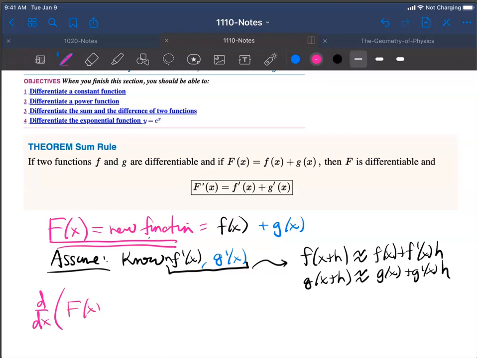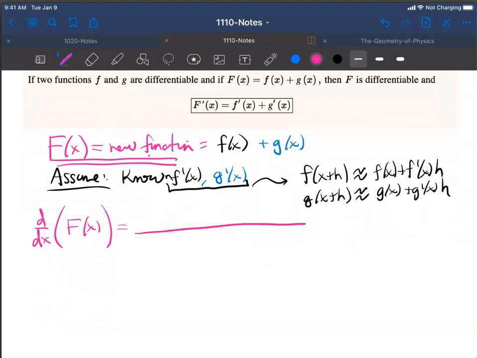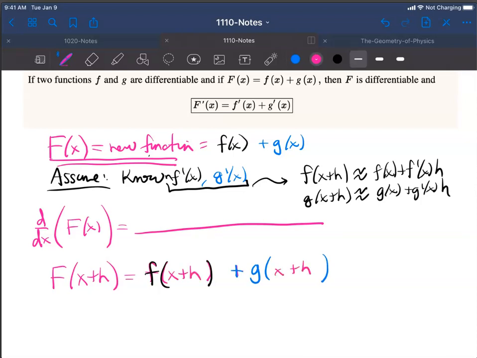My claim is that you need to do the expansion F of x plus h. But big F of x, this new function, is the function f and the function g. But we're supposed to evaluate those at x plus h. Okay? But we're going to do an approximation problem.